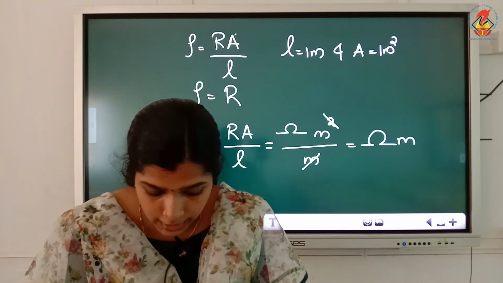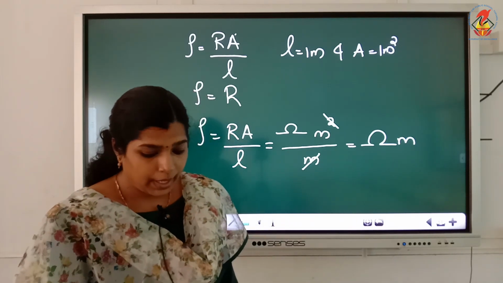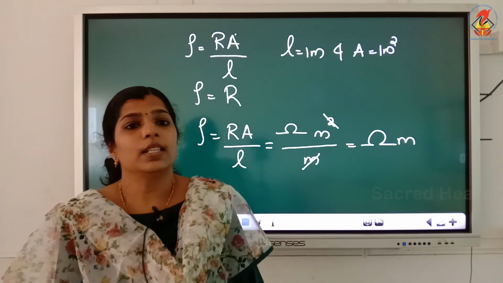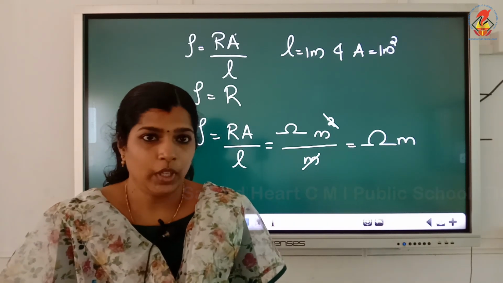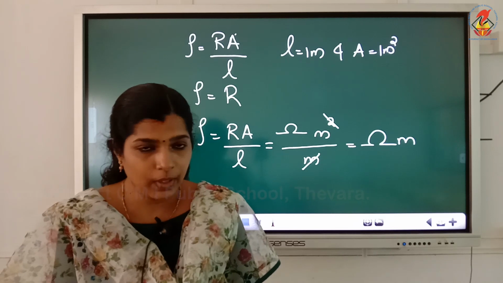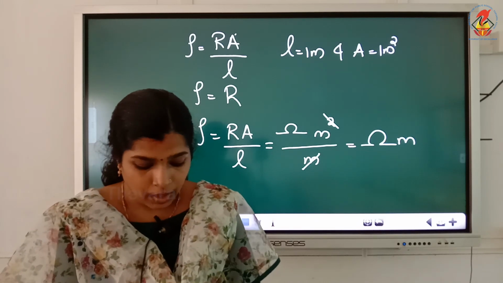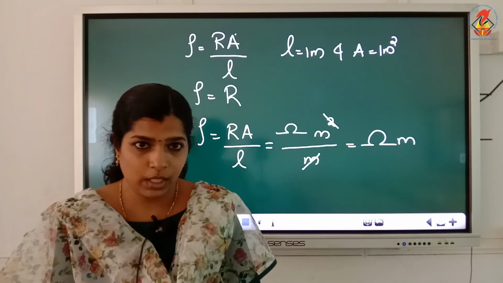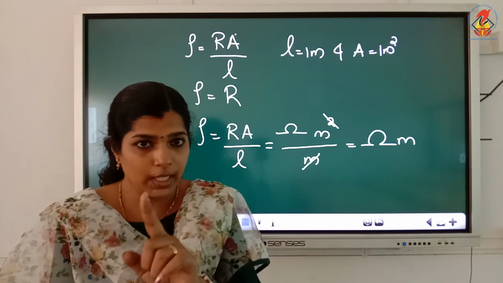Means, if you take a silver wire of length 1 meter having an area of cross section 1 meter square, then the resistance of that silver wire is 1.6 into 10 raised to minus 8 ohm. That is the meaning.